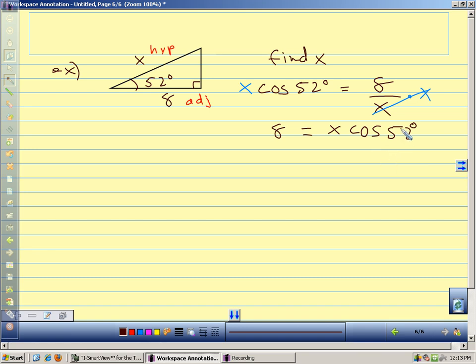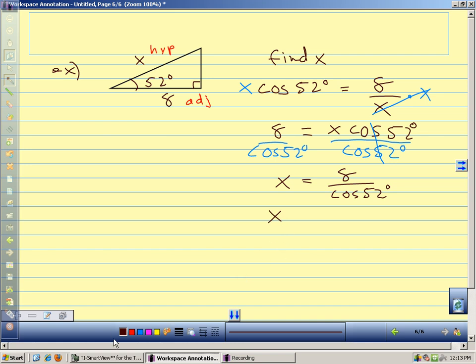And cosine 52 degrees is just a number, so how do I get x by itself now? Divide both sides by cosine 52. Those go away. And finally I get x equals 8 divided by cosine 52 degrees.